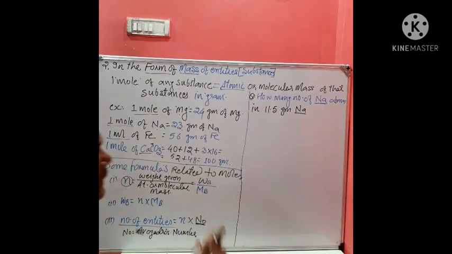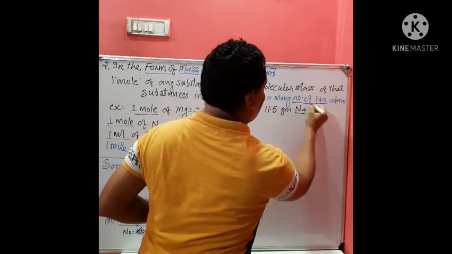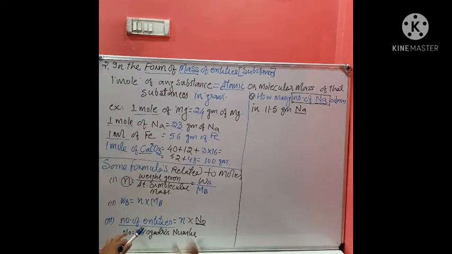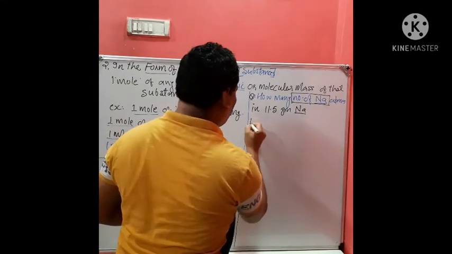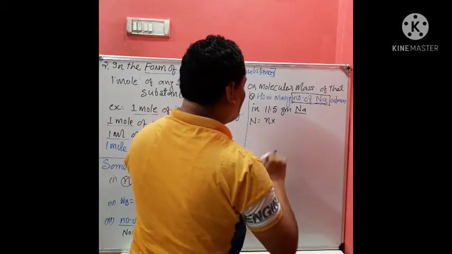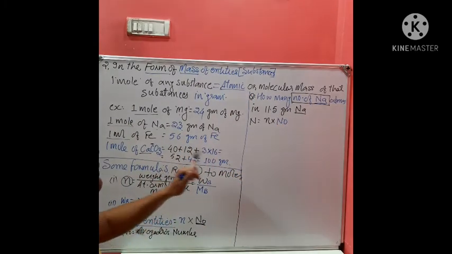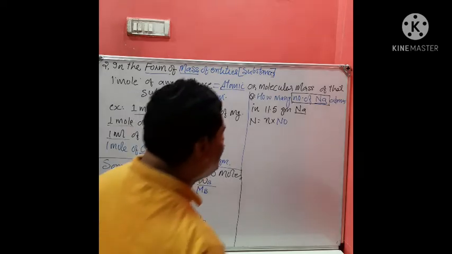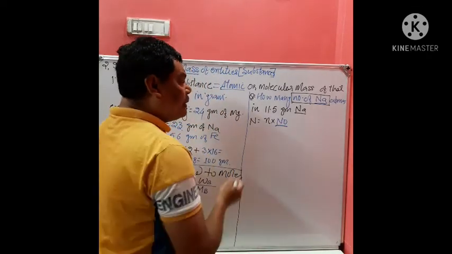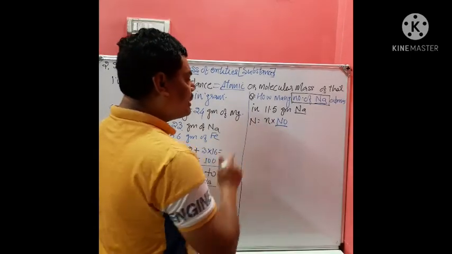So what we have to find? How many number of Na, that is number of entities. Number of entities is denoted by N, which is number of moles into Avogadro's number. Avogadro's number is a constant, but number of moles we have to find.